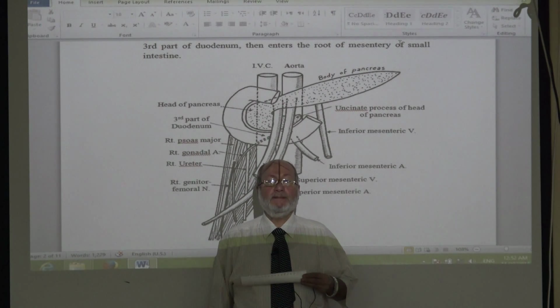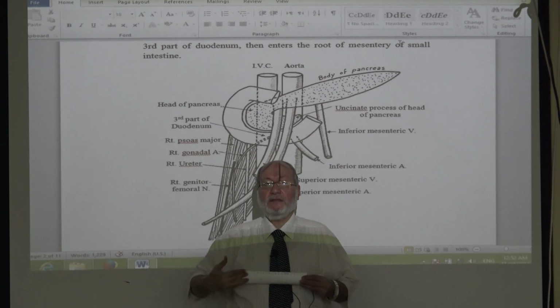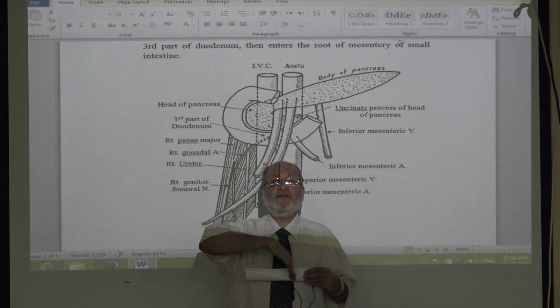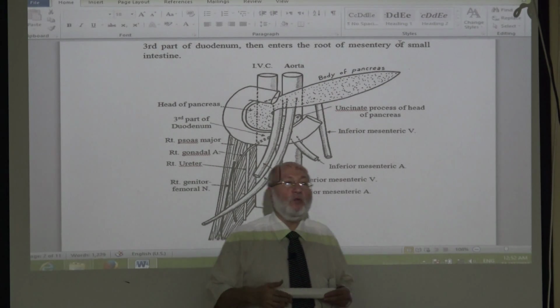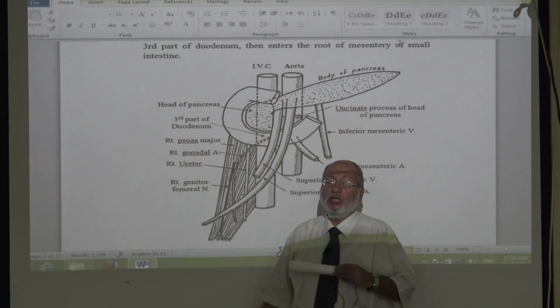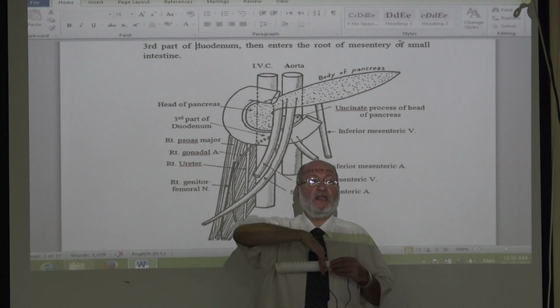What is this part of the colon? Transverse colon. The transverse colon is divided by a line into right two-thirds and left one-third. This is the end of the mid-gut and the beginning of the hind-gut. Therefore, the superior mesenteric artery will supply from the ampulla of Vater to the junction between the right two-thirds and the left one-third of the transverse colon.